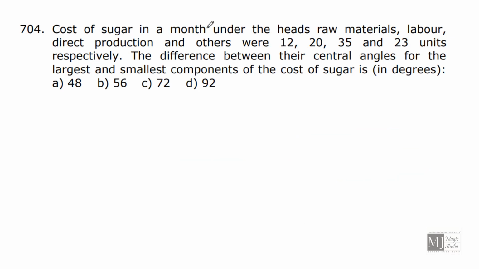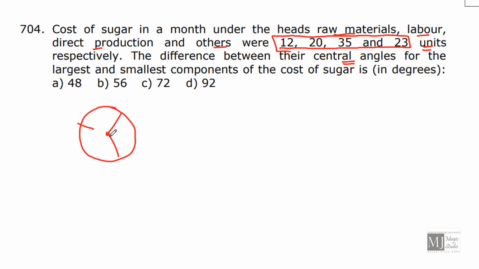The cost of sugar in a month under the heads raw material, labor, direct production and other costs are these. These are the 4 different types of costs associated with production of sugar. Units can be anything. What is the difference between their central angles for the largest and smallest components? When they talk about central angles, that means these 4 components are drawn on a pie chart.